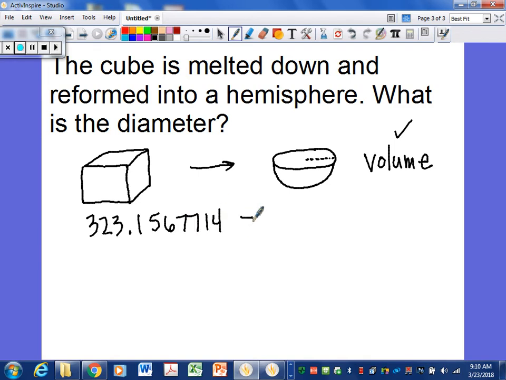And now we have a hemisphere. The volume formula for a hemisphere is 2 pi r cubed divided by 3. So now we have to do the algebra to solve this equation for r. So the algebra says multiply by your denominator.